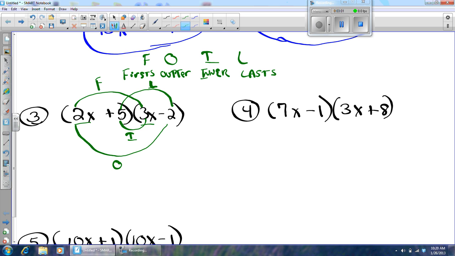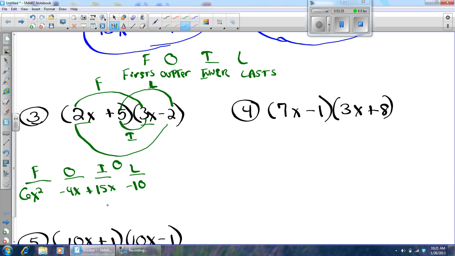All right, so if I multiply my firsts, I'm going to get 6x squared. If I multiply my outers, I'm going to get negative 4x. If I do my inners, I'm going to get 15x. It's a positive, yes. And if I do my lasts, I'm going to get a negative 10.